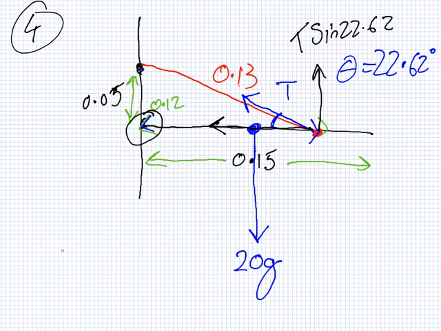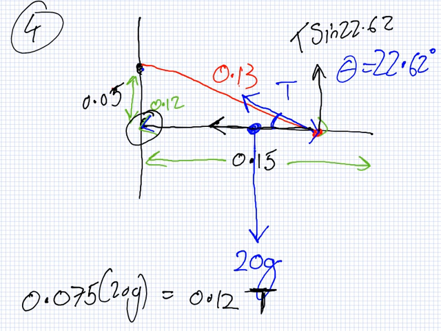So we have 0.075 times 20G must equal 0.12 T sine 22.62.